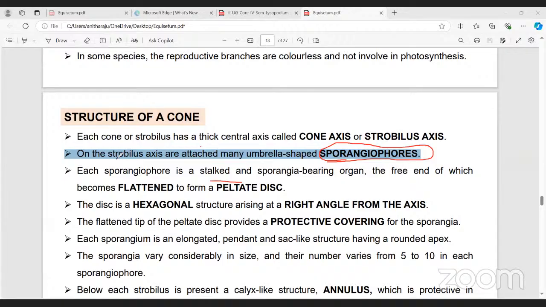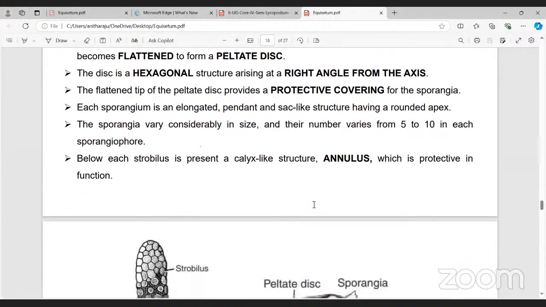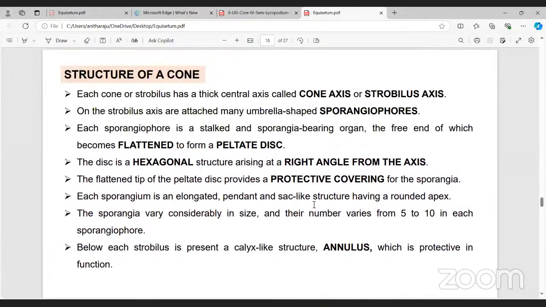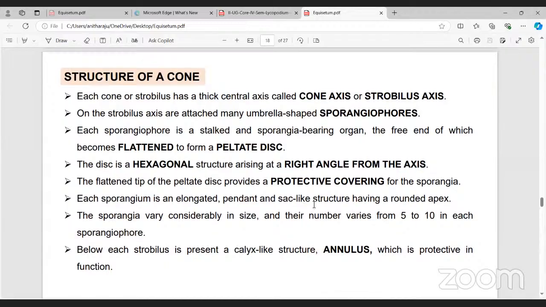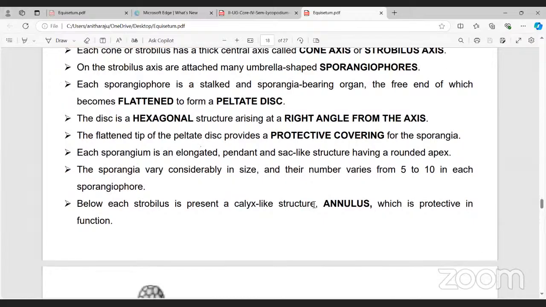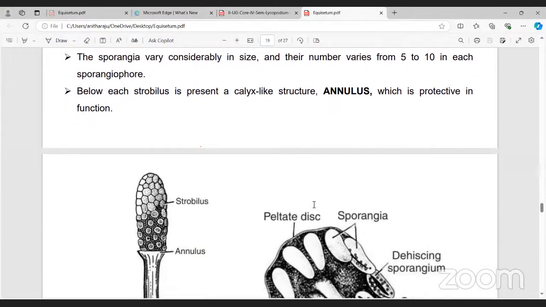Let's see it diagrammatically first. The disc is hexagonal, with a protective covering around the sporangia, and below each disc is a calyx-like structure called the annulus, which also has a protective function.